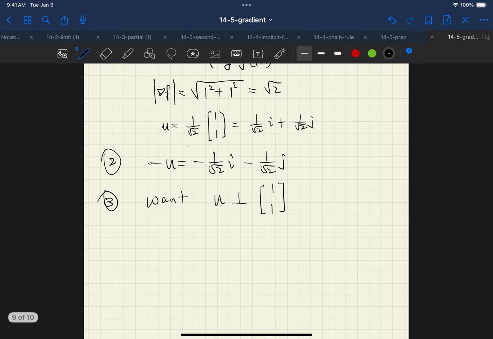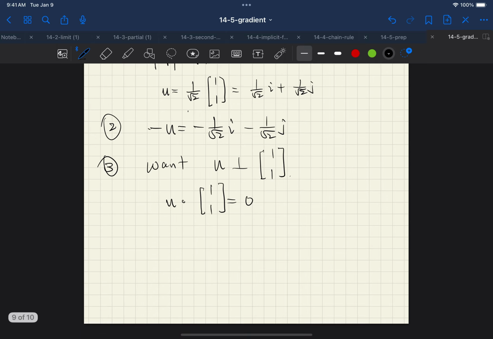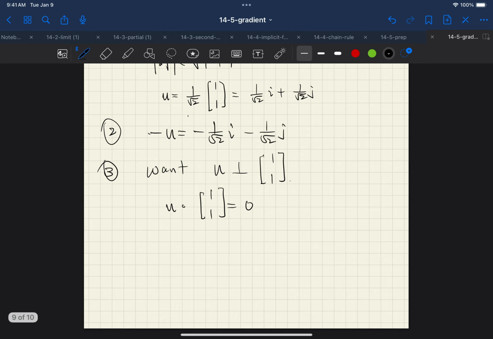What does it mean? I want u with (1, 1) dot product equals 0. What kind of u can we get?